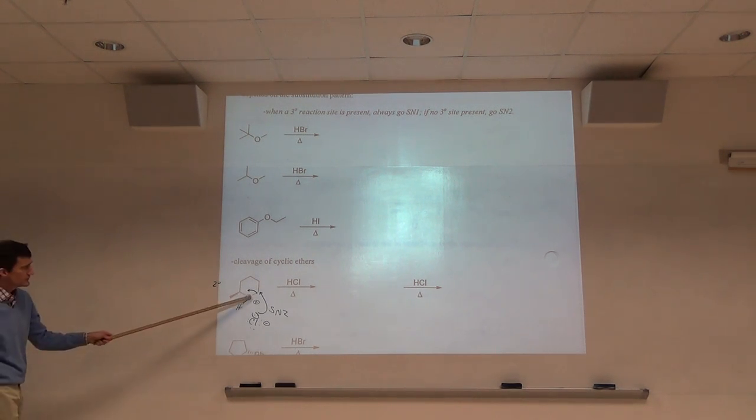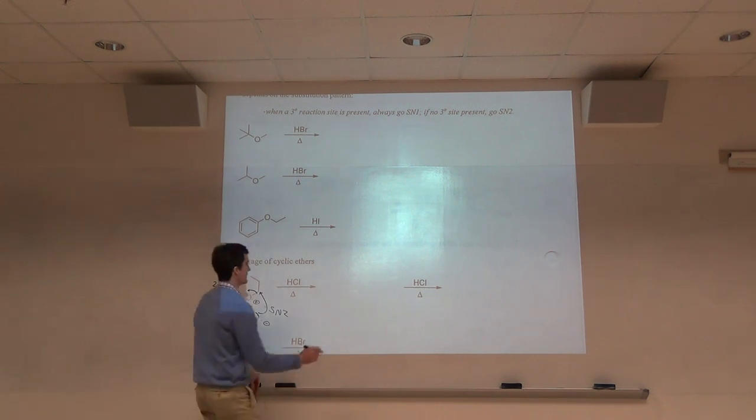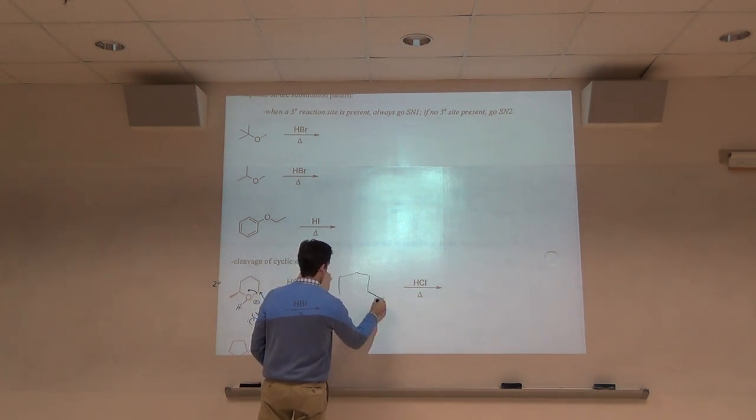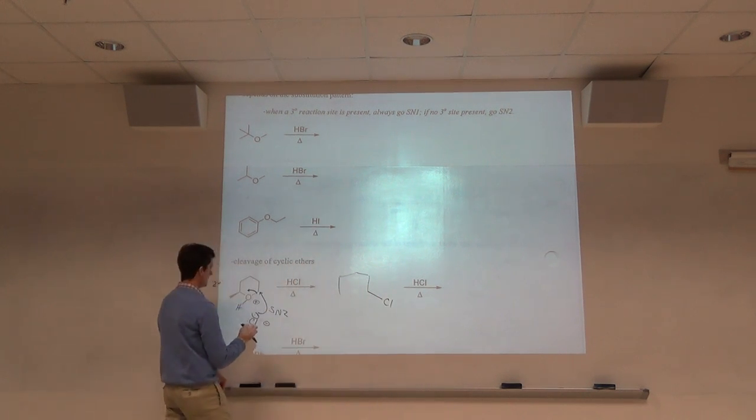The leaving group leaves this carbon, but it really doesn't leave the molecule because it's connected through the ring. Now I have a chlorine attached to that carbon.